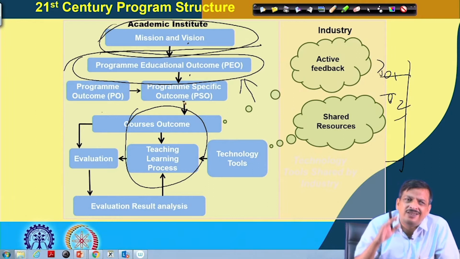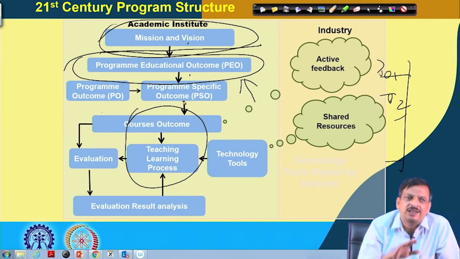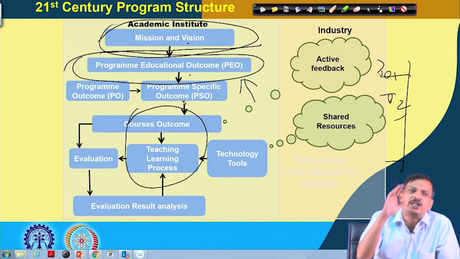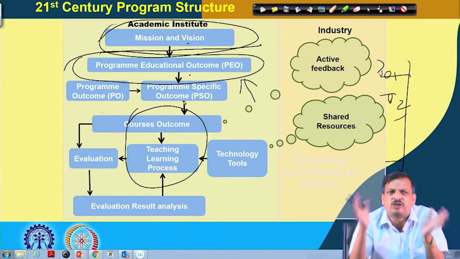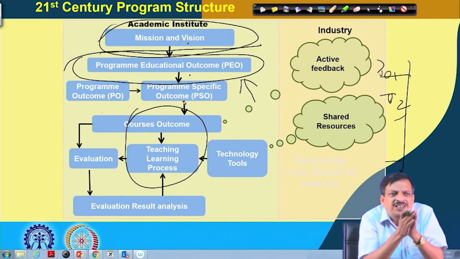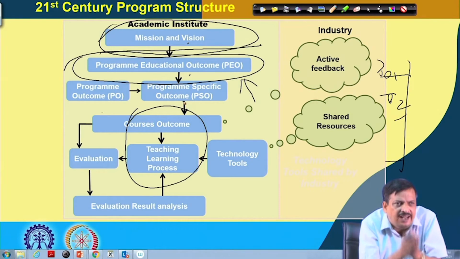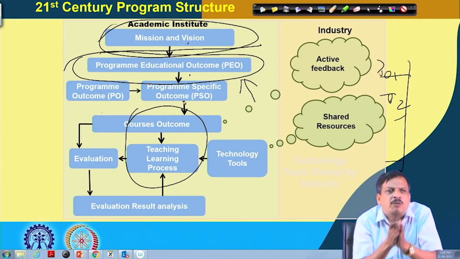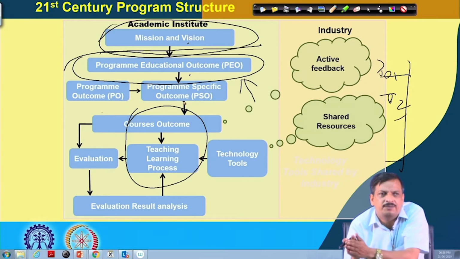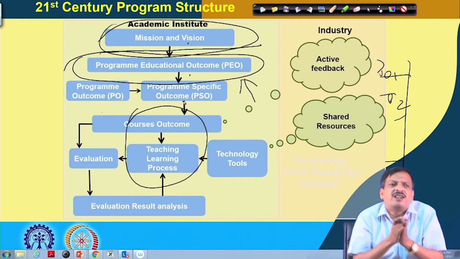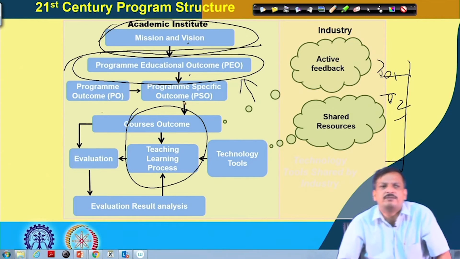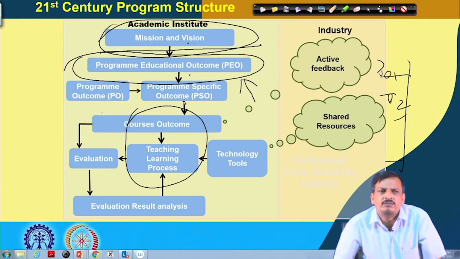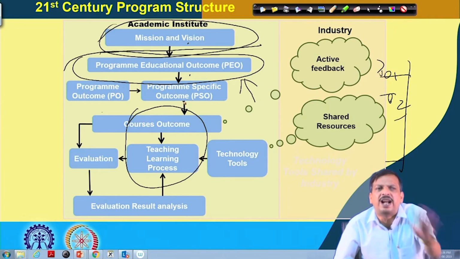It depends on the institute intake, resources, faculty, and target. Suppose institute A is created to develop manpower for the local software industry. Institute A cannot claim my mission and vision is to produce a high-end research engineer, because their resources and intake do not support that.